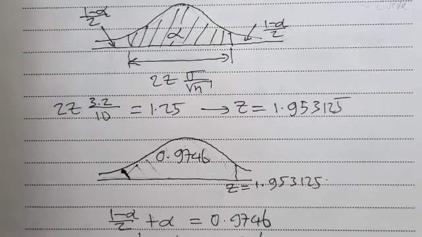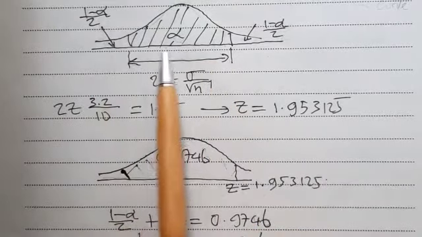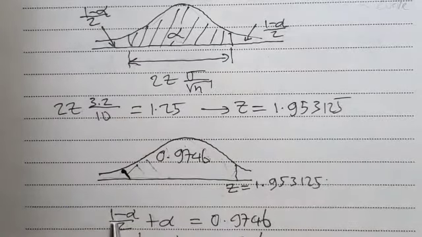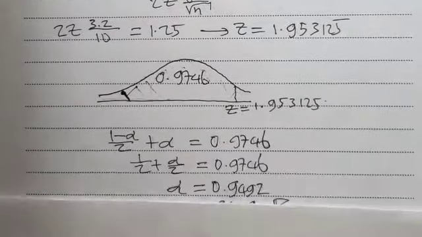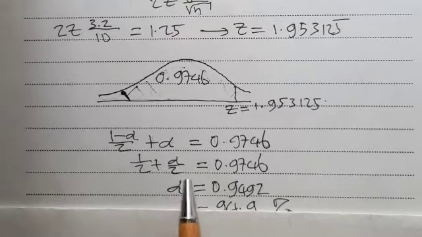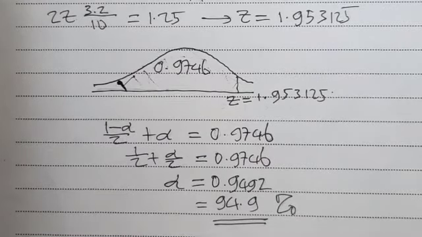Thus the total area here is alpha plus 1 minus alpha over 2, plus 1 minus alpha over 2... that is, half plus alpha over 2 equals 0.9746. Thus the confidence level alpha equals 0.9492, or that is 94.9%.